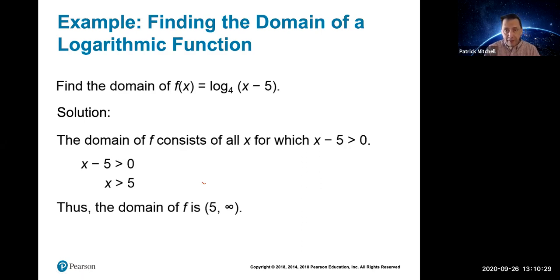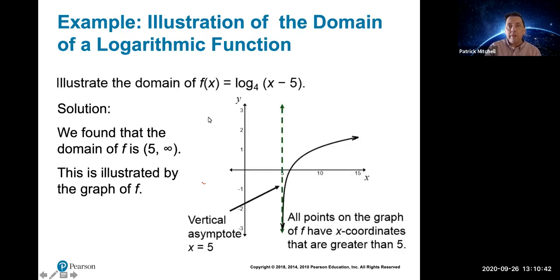And there's another nice way to think about that. Remember that when you take a function and replace x with x minus 5, that shifts the graph 5 units to the right. So my original logarithmic function, f of x equals log base 4 of x, would have looked, oh, that looks terrible.